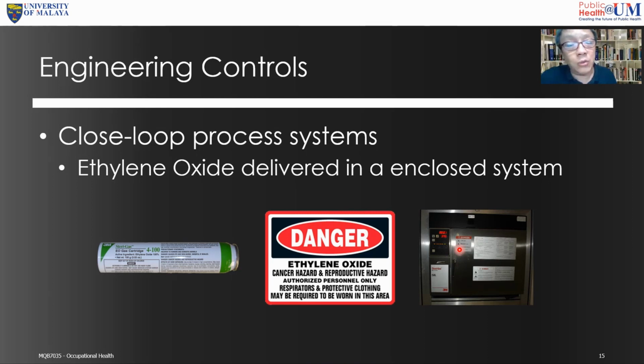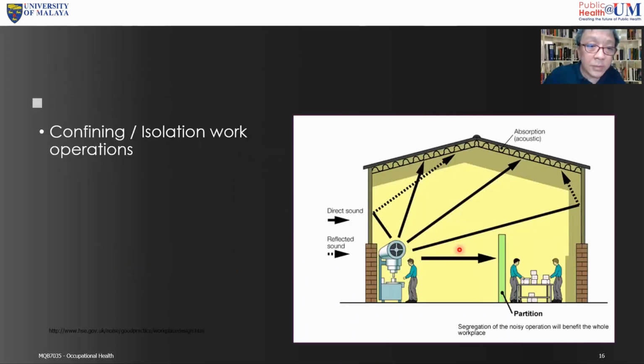So you choose a sterilization method according to how effective it is, and also how easy it is on your equipment. All right, so closed loop process: ethylene oxide delivered in an enclosed system.